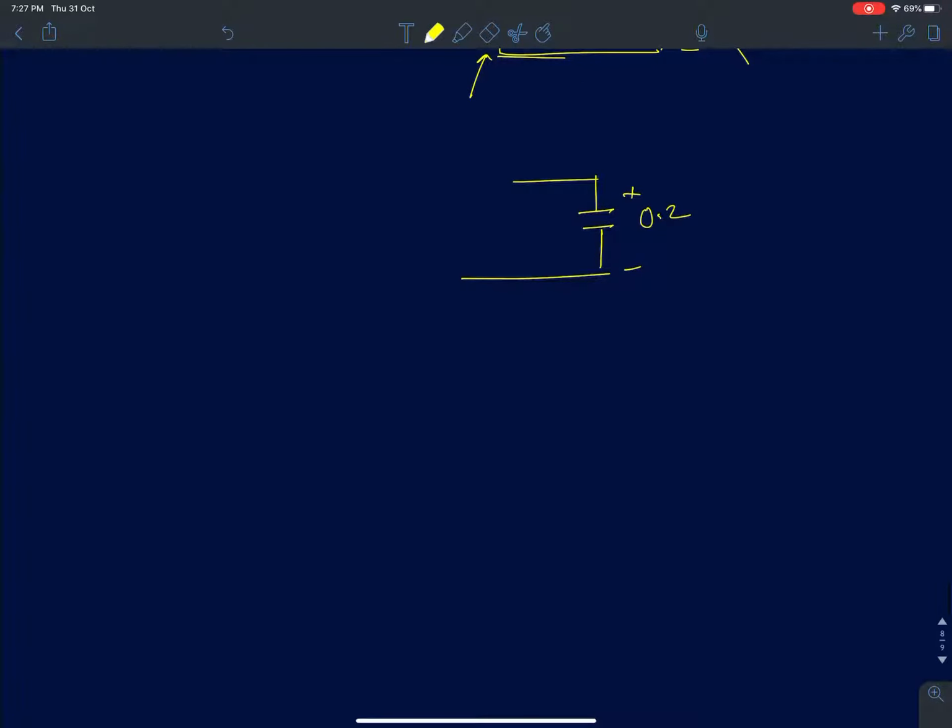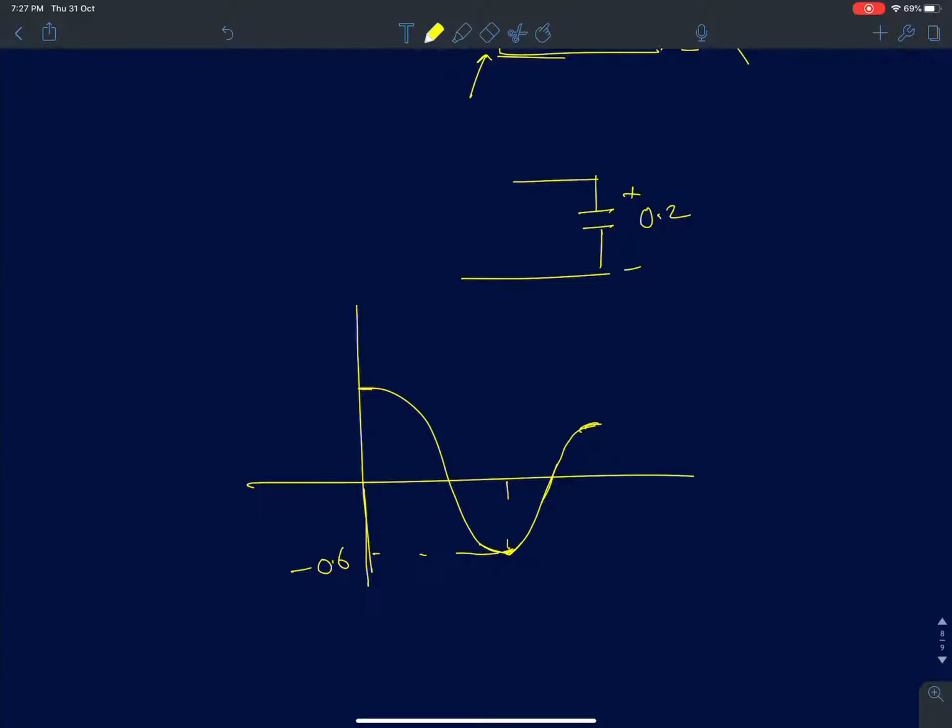Now if I draw the waveform across the capacitor, in the first cycle it went from plus 1 to minus 0.6, and in the next cycle it went from minus 0.6 to plus 0.2, and then stayed there.